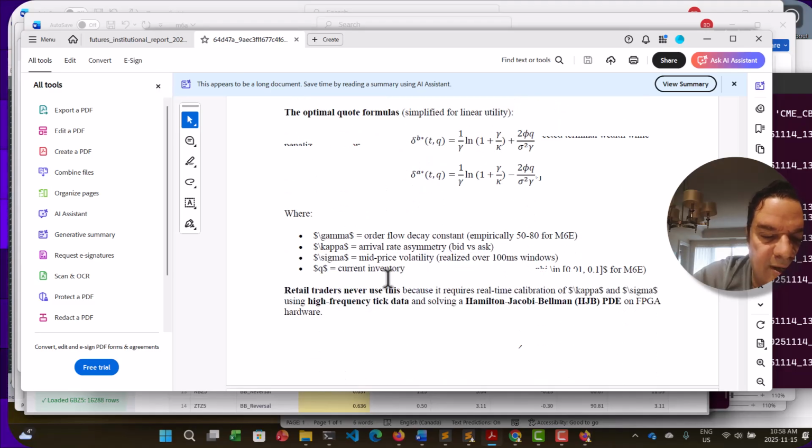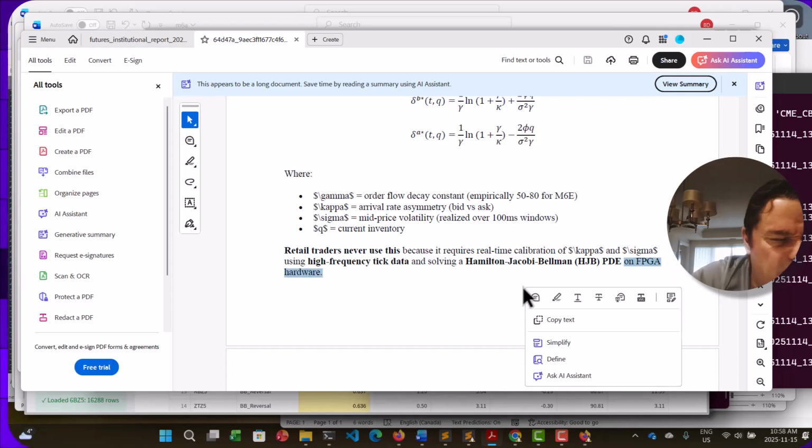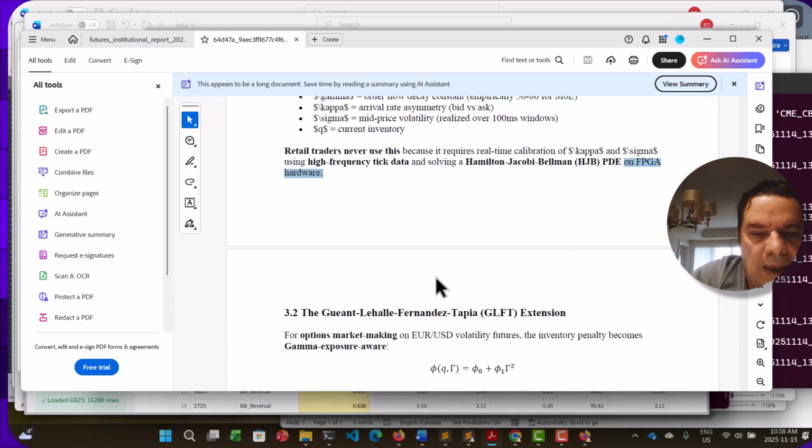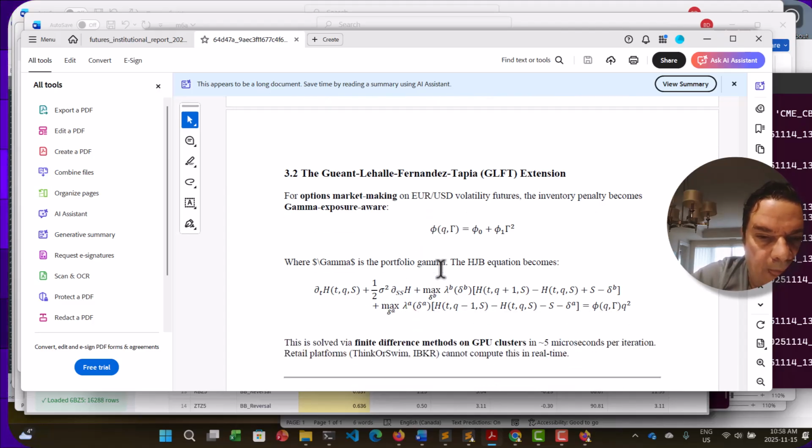You can see here, it's breaking down all of the formulas used for this particular instance. And right here, it's now mentioning more and more about FPGA hardware. It gets bizarre. So here's some more formulas.